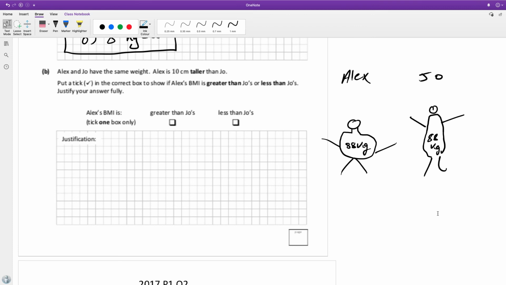So, do you reckon Joe or Alex has the better BMI? Alex has a greater BMI. Is that right? Because the less your BMI, the better shape you're in. Justification is Joe is in better shape.